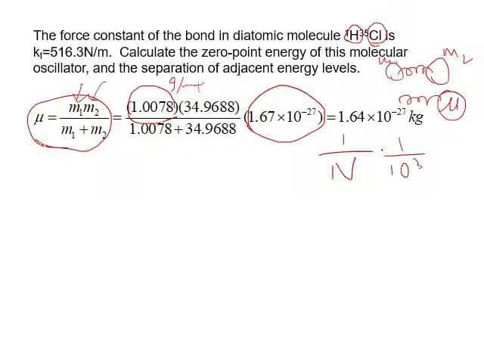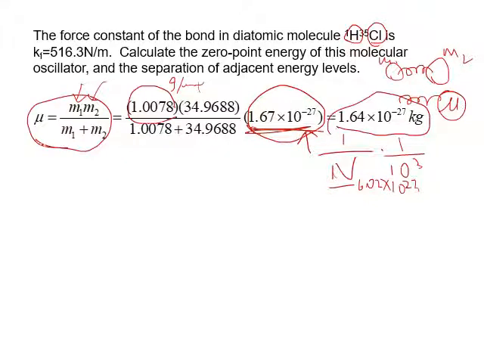When you do that, you will get this conversion factor, 1.67 times 10 to the negative 27. Avogadro's number is 6.02 times 10 to the 23rd. You can try that. You should get this value. And so the reduced mass for hydrogen chloride is 1.64 times 10 to the minus 27 kilogram.